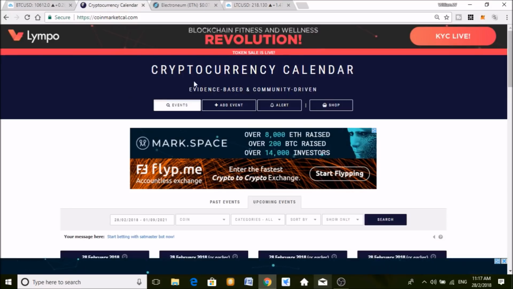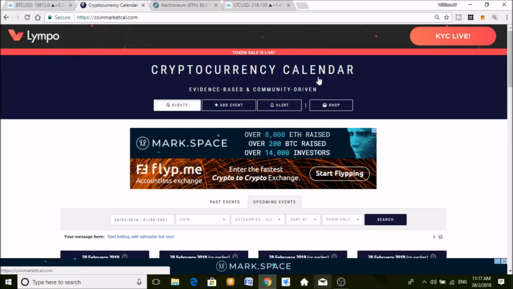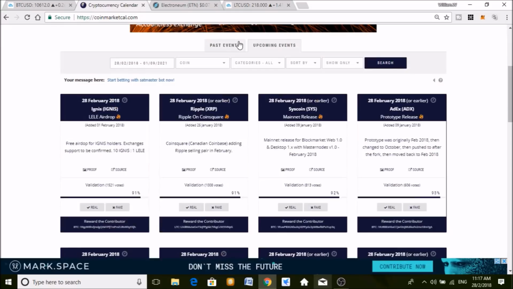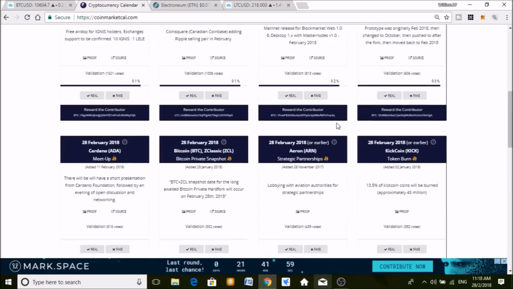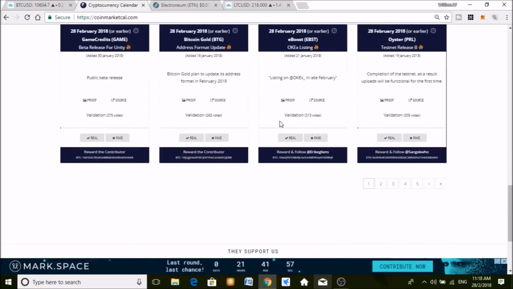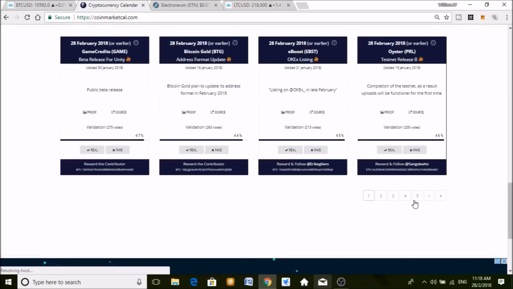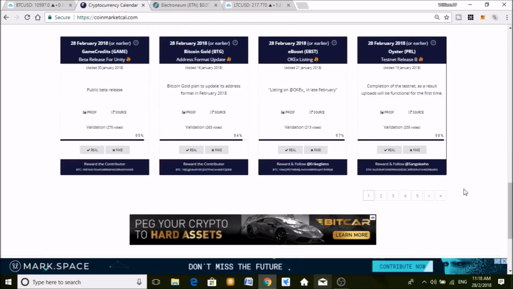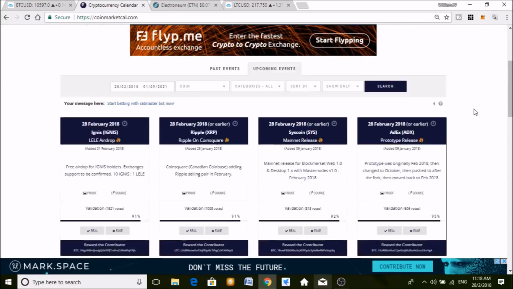So basically, it's a calendar that will give you a list of upcoming and of course past events for different altcoins as well as Bitcoin, and it goes out, I've actually never seen what the latest date is, probably months down the track.